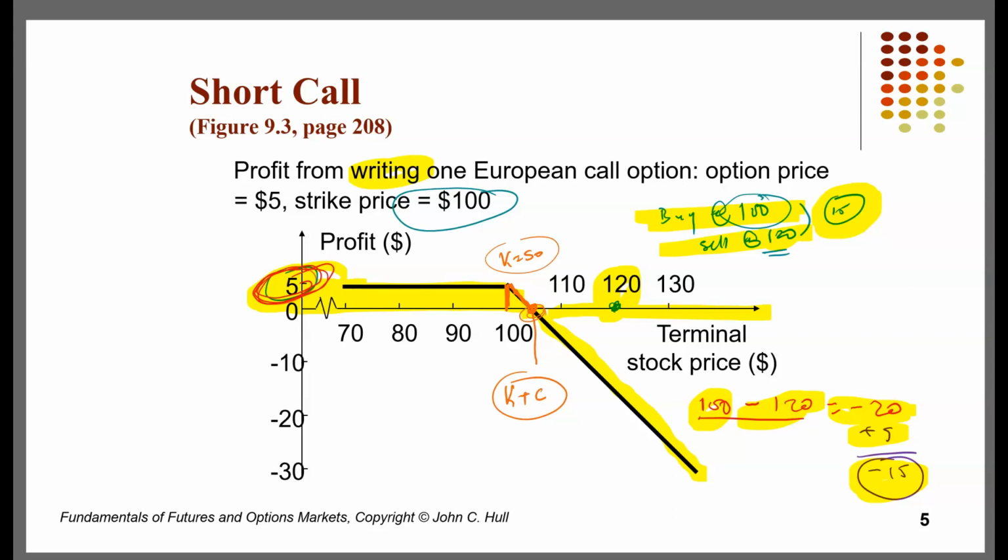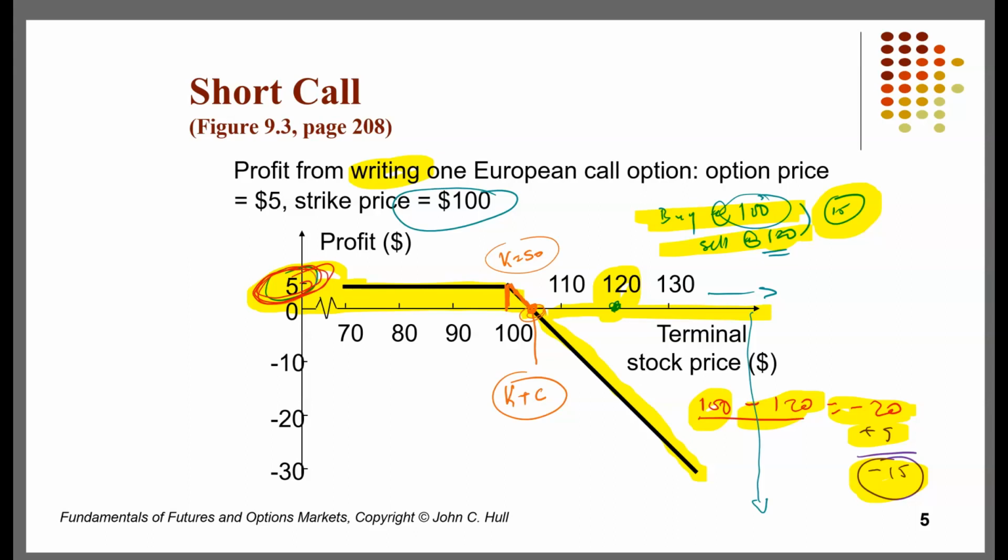And what we find is that the farther away the price of the underlying goes, the worse the loss of the short call becomes, right? Imagine somebody writing an option that doesn't own the underlying.